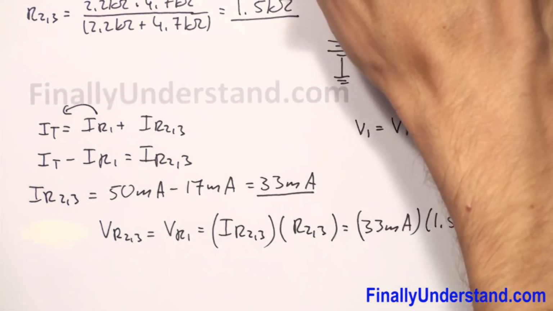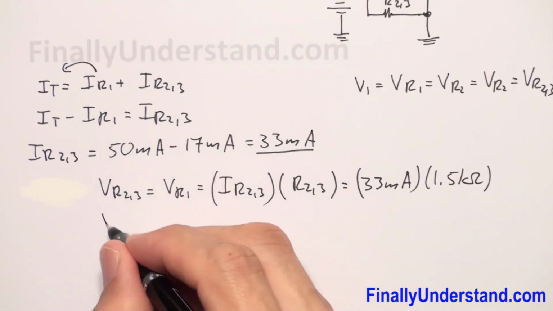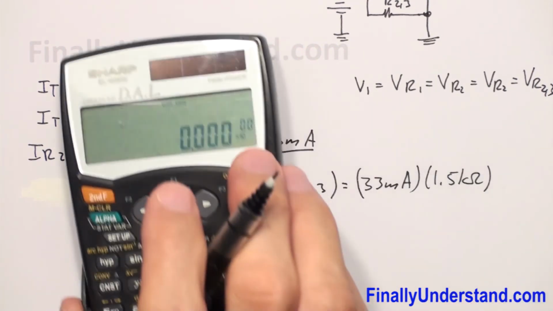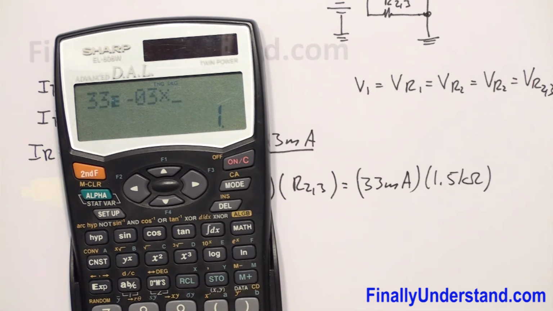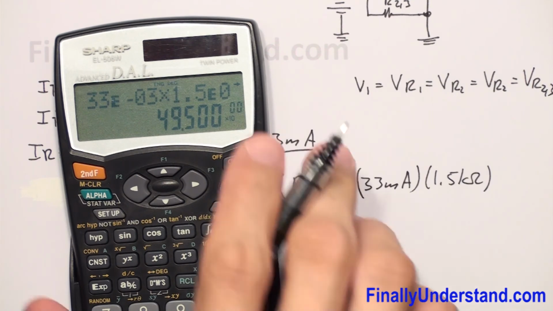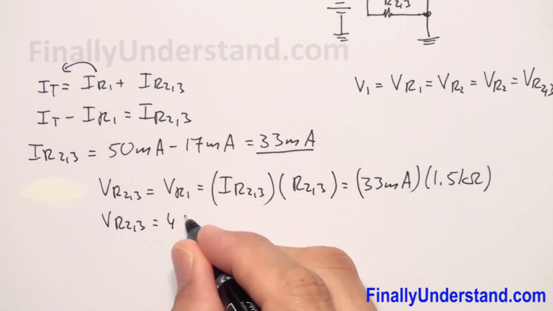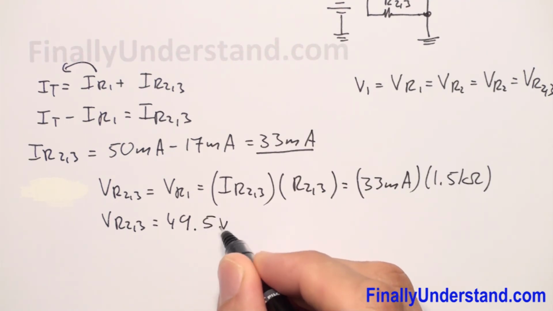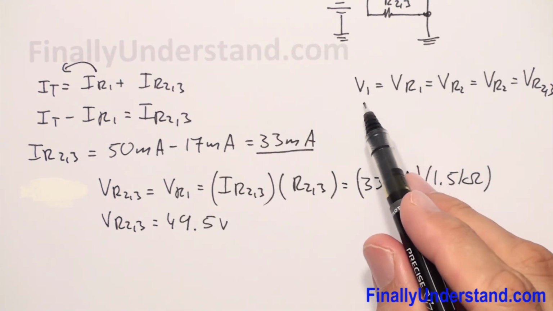Okay, we found it over here. So VR23 is equal to 33 exponent 3 negative times 1.5 exponent 3. This is equal to 49.5 volts. So this is the voltage of my source.